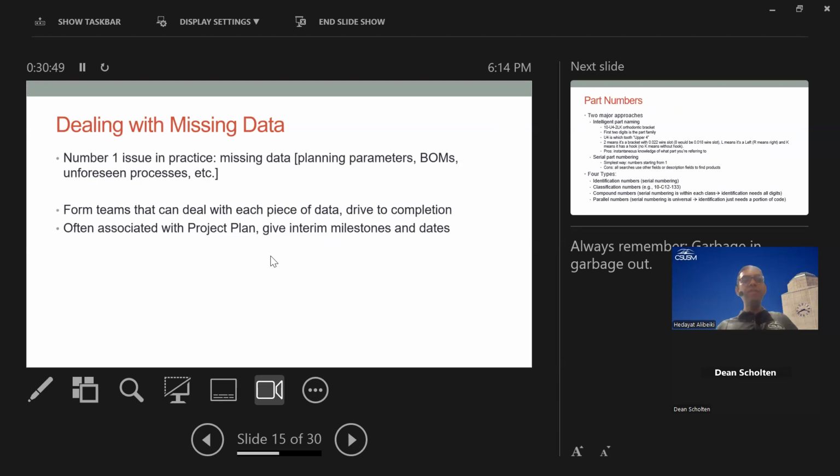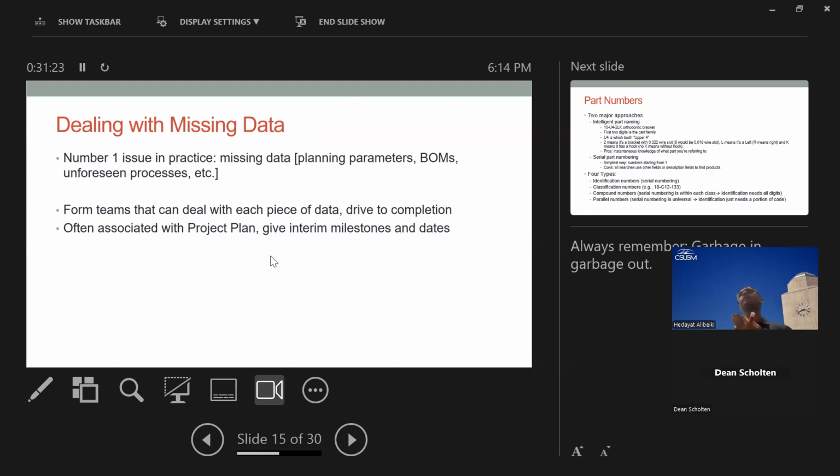So dealing with missing data in MRP table, in anything, when it comes to planning information, if you have missing data, this is a really important challenge for production planners, for consulting companies when they want to do an ERP system. This is something that in a lot of cases requires meeting with people that know stuff and getting that information and putting it into the system, right?